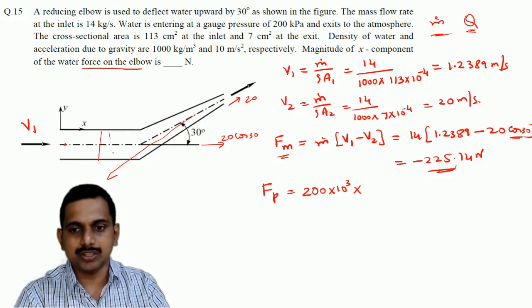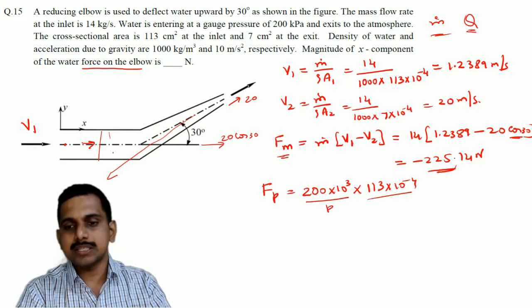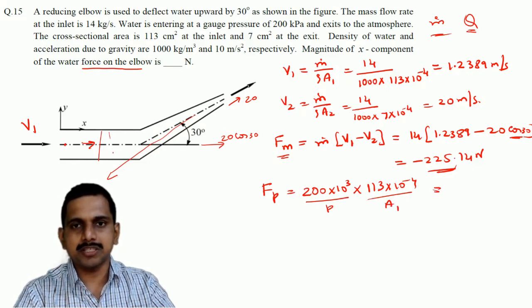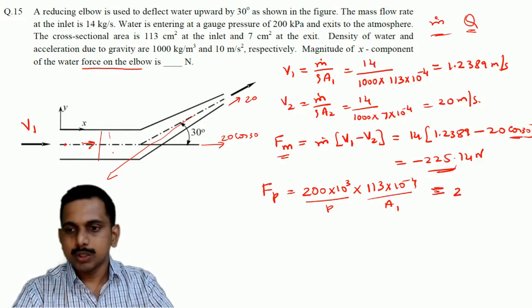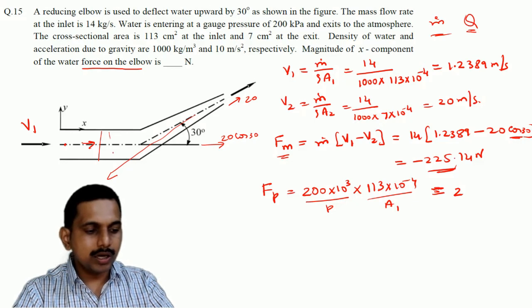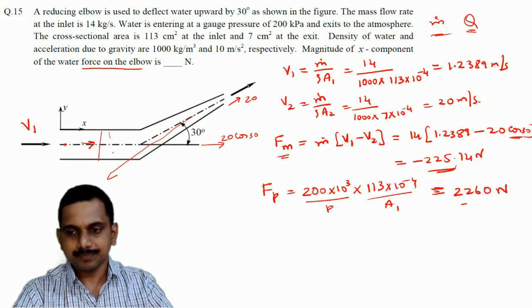It is not in the x direction. So only in this direction the pressure force is. And the pressure force is 200 into 10 power 3 and 113 into 10 power minus 4. This is the pressure, this is the area. Okay, A1. A2 is not important because the pressure is not in that direction. Correct. So the answer I have got is 2260 Newton.